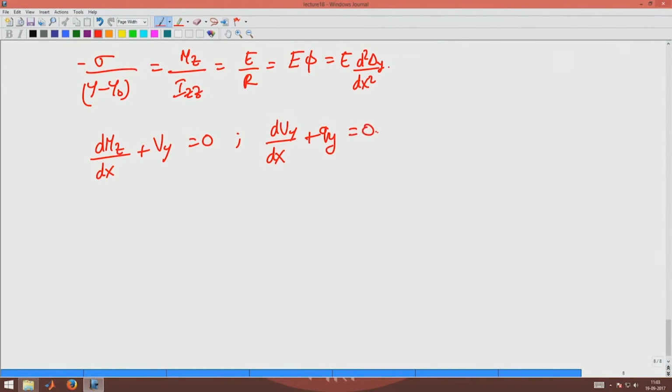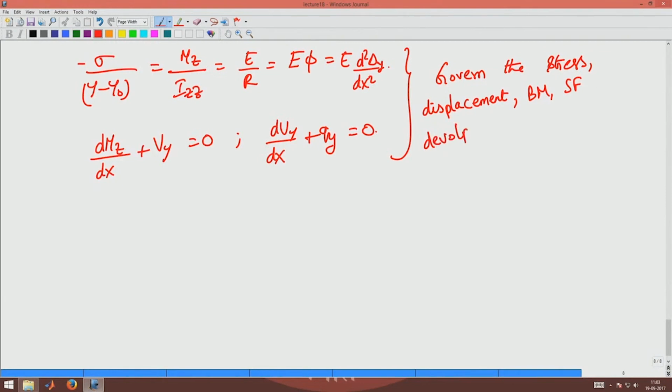Now, these equations govern the stress, displacement, bending moment and shear force developed in a beam.